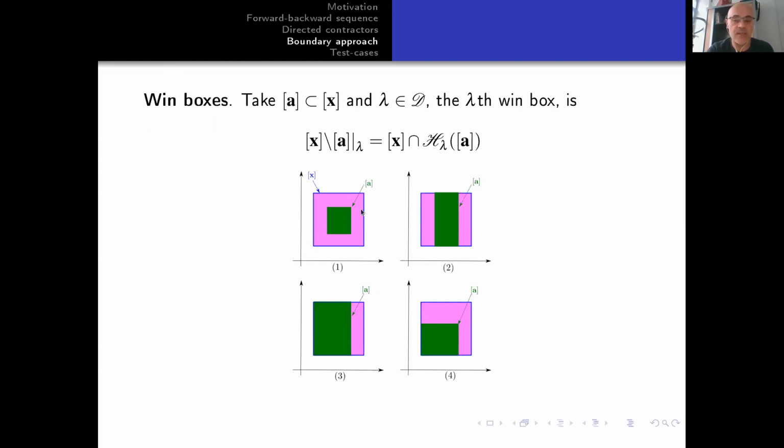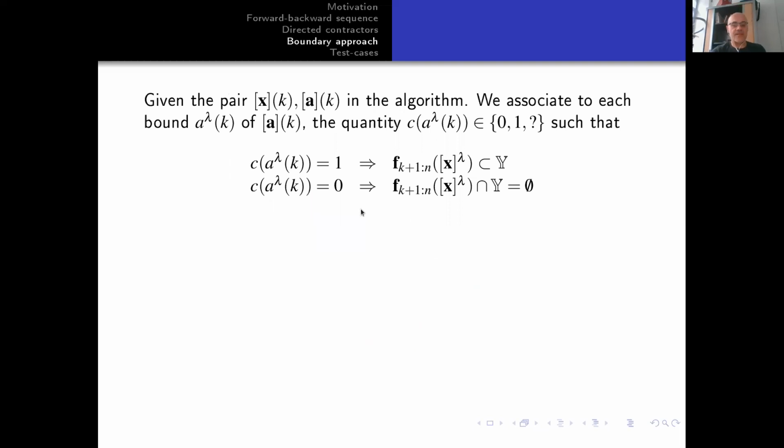Okay, so now, how to propagate backward the colors? I can say that I have a box X. A corresponds to the contraction with respect to the boundary. And to each bound, I associate a color, which can be blue, red, or yellow, meaning outside, inside, or I don't know.